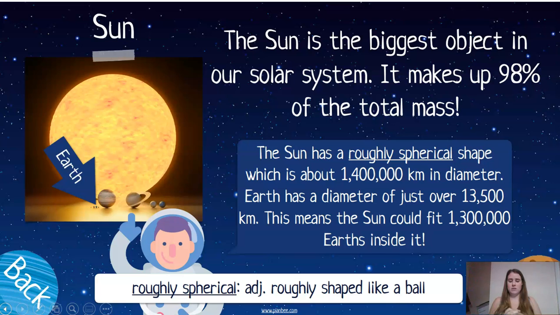And it is about 1,400,000 kilometers in diameter. Now, to be able to compare that to you, I don't have anything to compare it to because nothing is that big, but it's pretty big. We know that diameter goes from one side to the other, okay? So you have the radius, which would be from the middle to the outside, but the diameter would be to go from one point, almost like north to south pole of the sun.